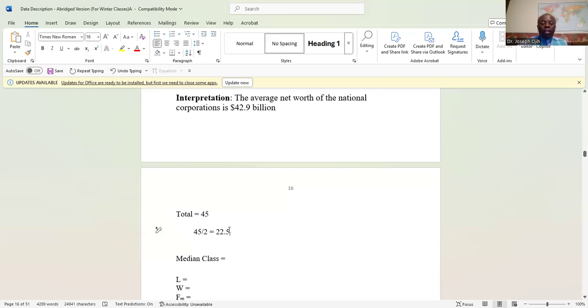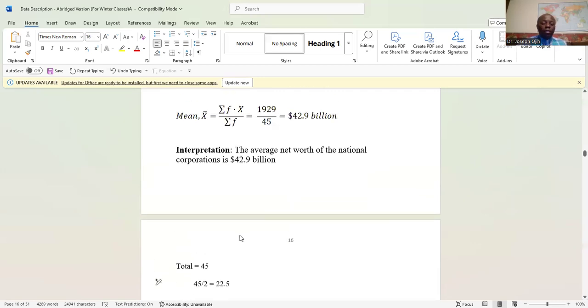That's where the median will be located. We cannot get it exactly, because we have to find the median class first.